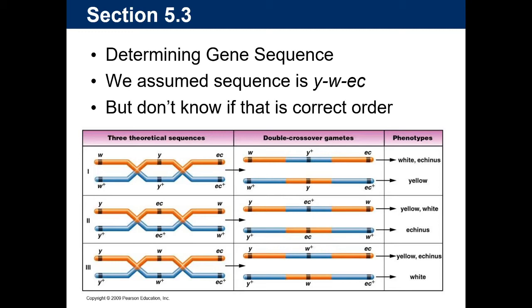So number 2 will be EC in the middle. If EC is in the middle, it means that if double crossover happens, you can only see the EC allele as a phenotype, which is achaetous. And number 3, what if W is in the middle? In double crossover, with W in the middle, you will see the mutation white. That's the mutation that is the lowest.